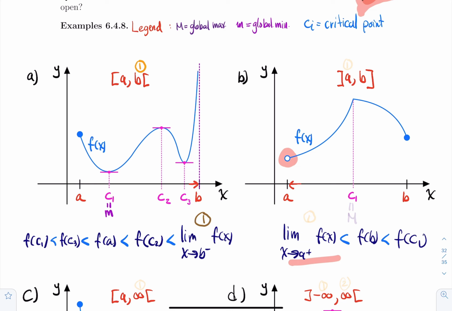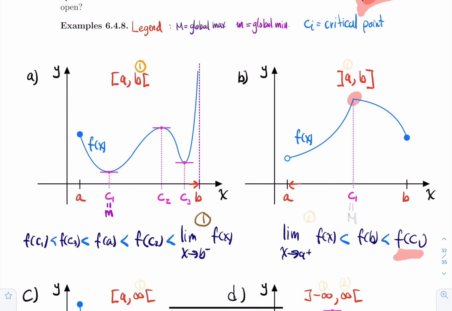And then in this chain of y values, the next one would be the endpoint B. At B, my function is somewhere in the middle. And then the highest possible value is at the critical point, so f of C1 will give you the highest possible output.